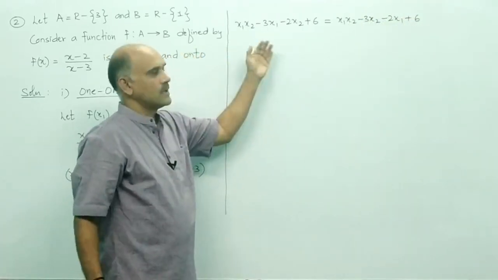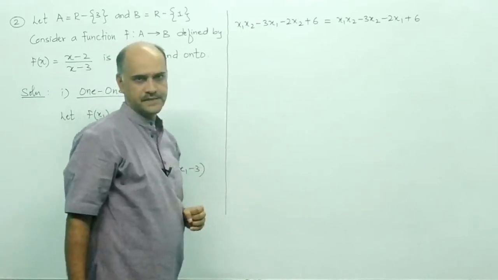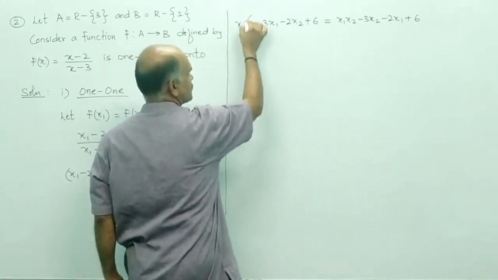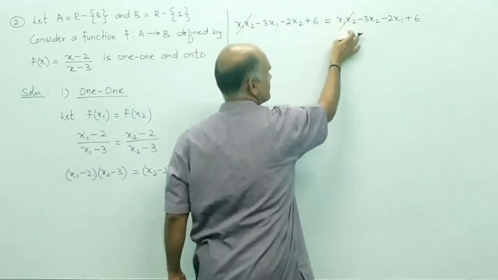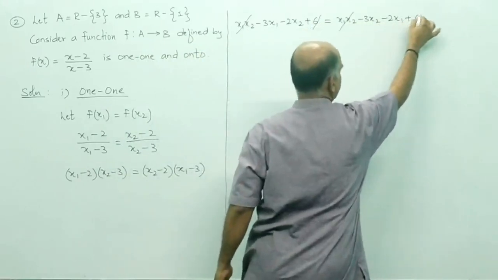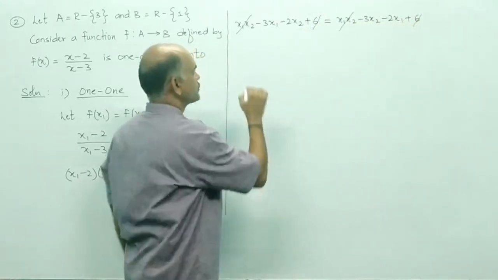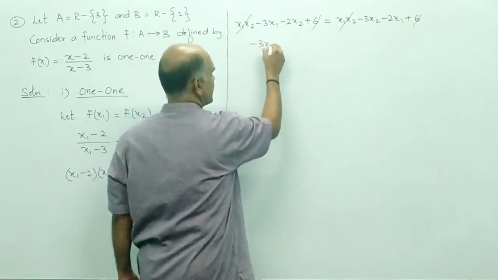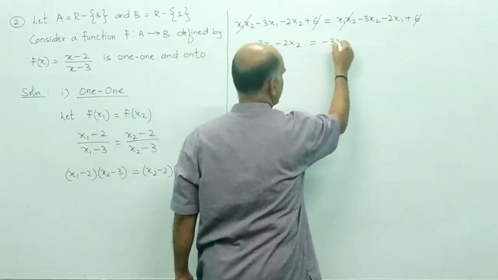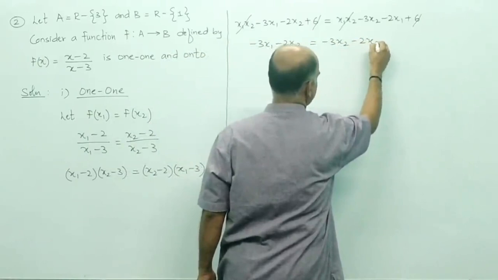Now take all the terms to the LHS. So x1 x2 gets cancelled, 6 gets cancelled. So you will have minus 3x1 minus 2x2 is equal to minus 3x2 minus 2x1.